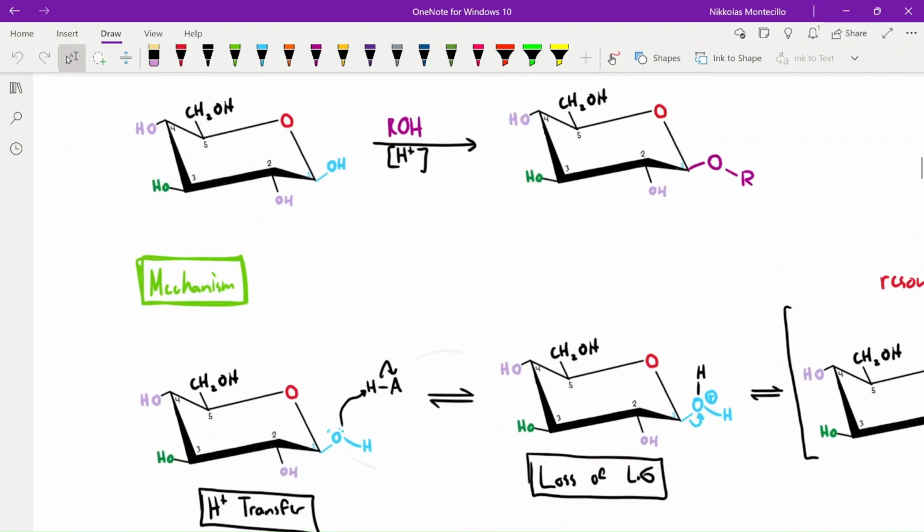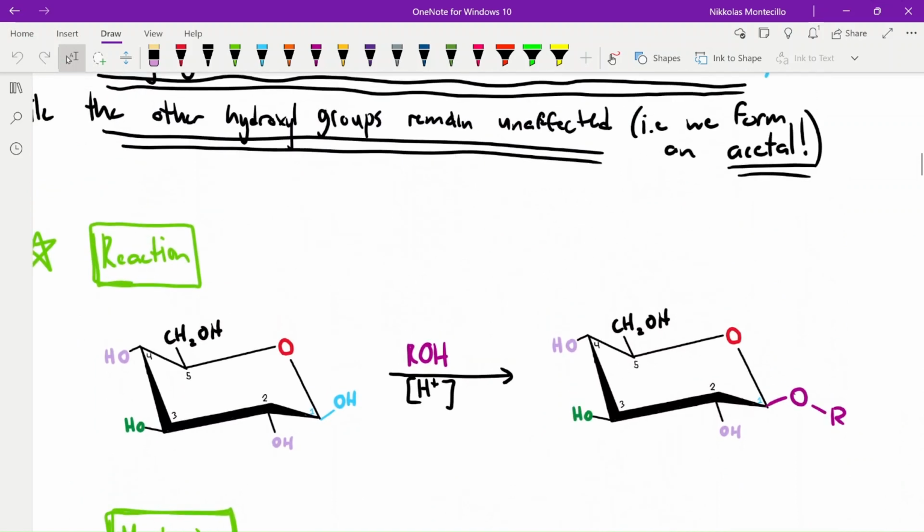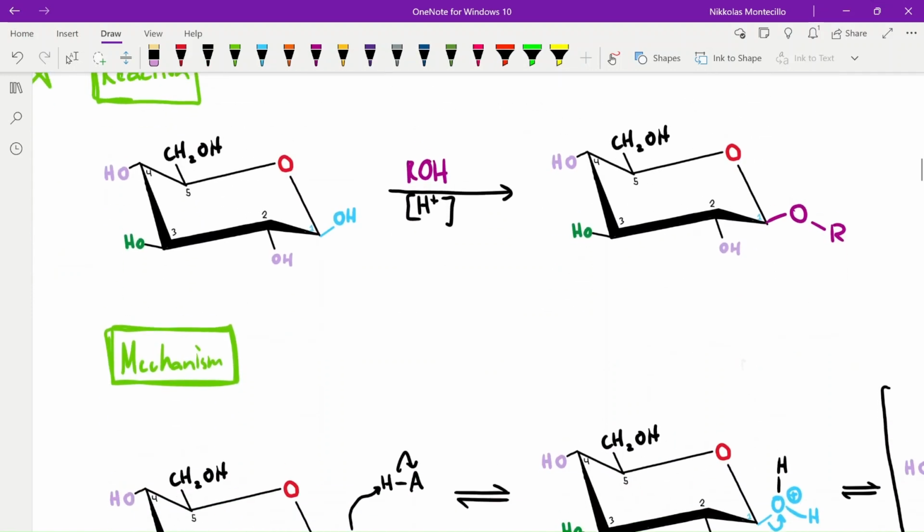So we can see here that generally the only carbon that's really affected in this entire reaction is this carbon, in most cases. The other hydroxyl groups tend to remain unaffected during glycoside formation. Okay, we're going to see a common theme with that with the formation of disaccharides.